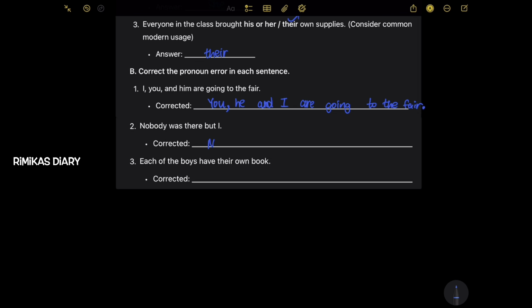Nobody was there but I. So you should write nobody was there but me. Next, each of the boys had their own book. So each of the boys had his own book.